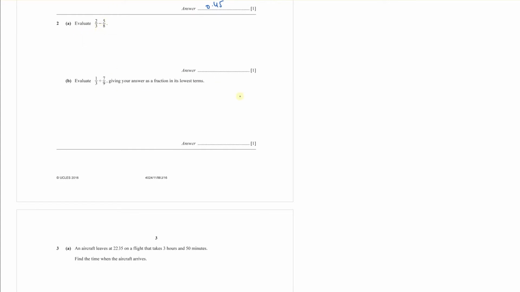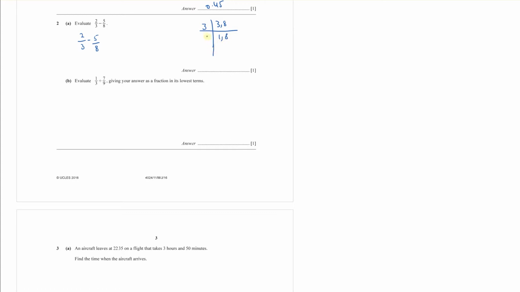Question number 2 is evaluate 2 over 3 minus 5 by 8. So you calculate the LCM of 3 and 8. There is no common factor, so you divide by 3, you get 1 and 8.